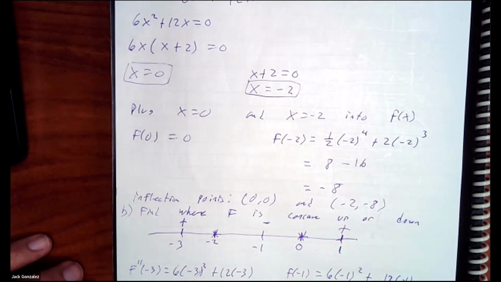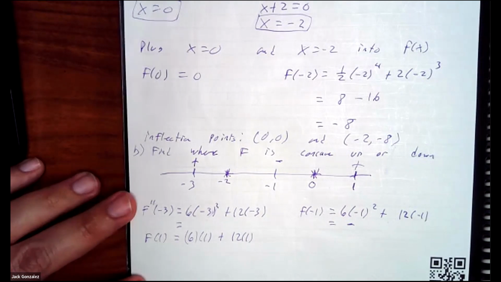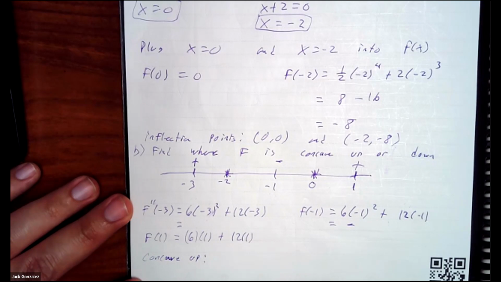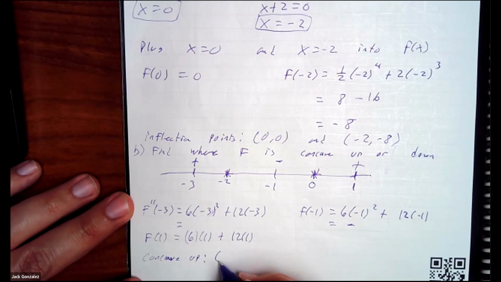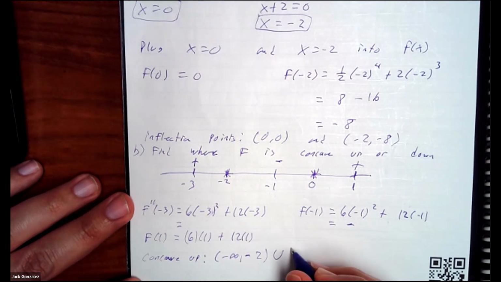Okay, so now we can answer the question, right? Concave up: negative infinity to -2, union, because we're concave up after 0, 0 to infinity.